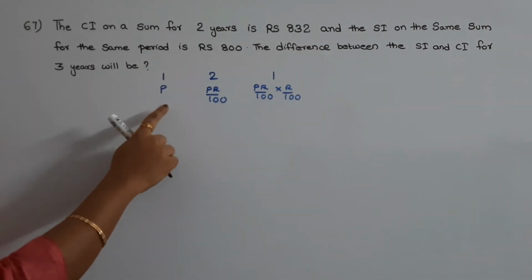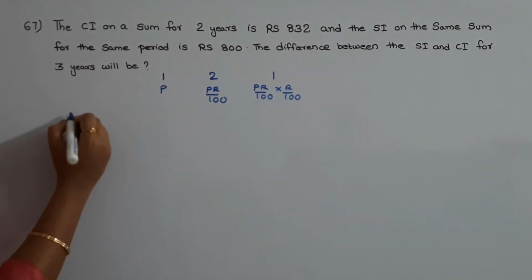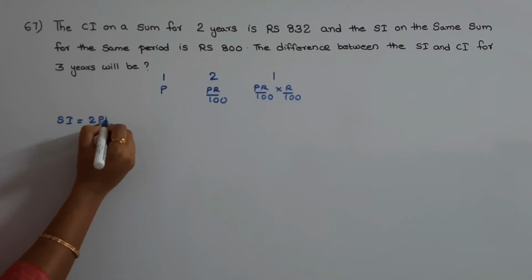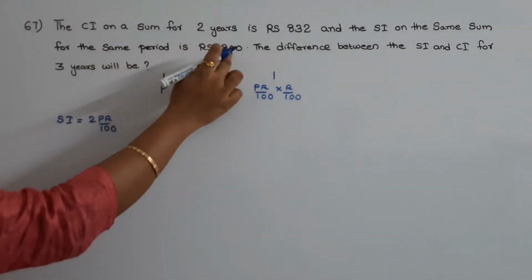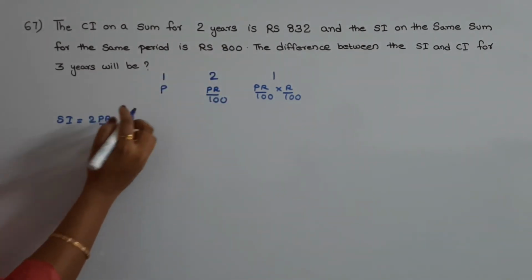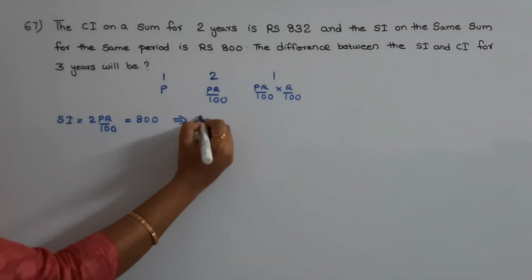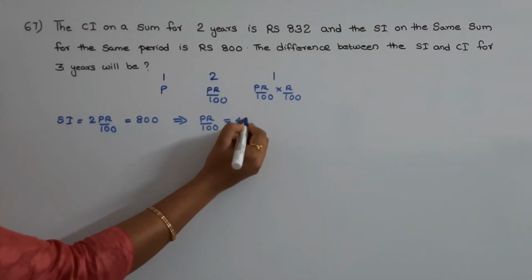Now from this the simple interest will be equal to 2 into PR by 100. Simple interest is equal to 2PR by 100. In the question, the simple interest is given as 800. So let us equate this to 800. Now PR by 100 will be equal to 400.